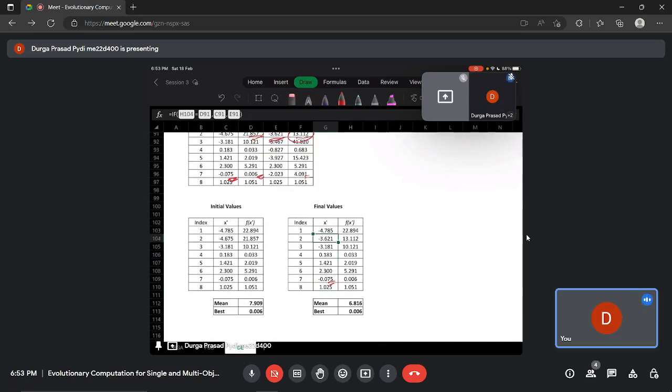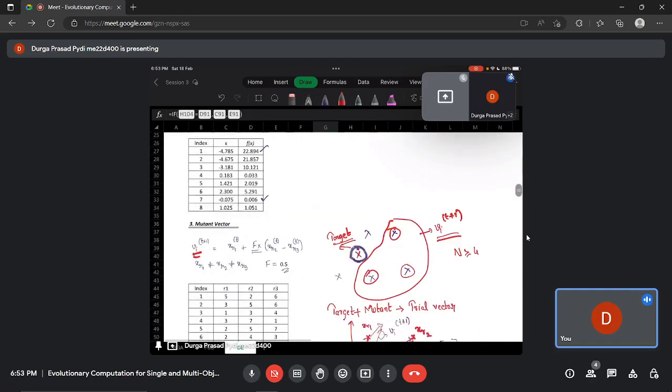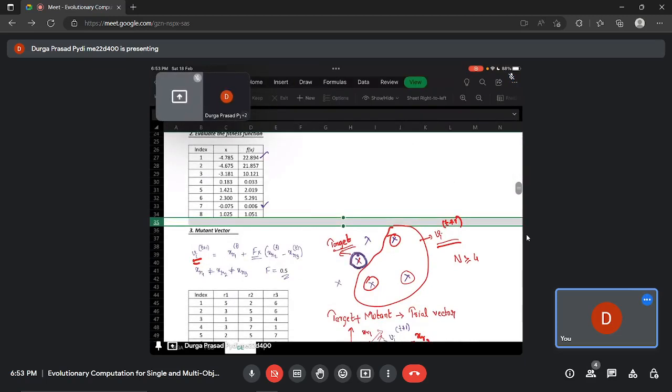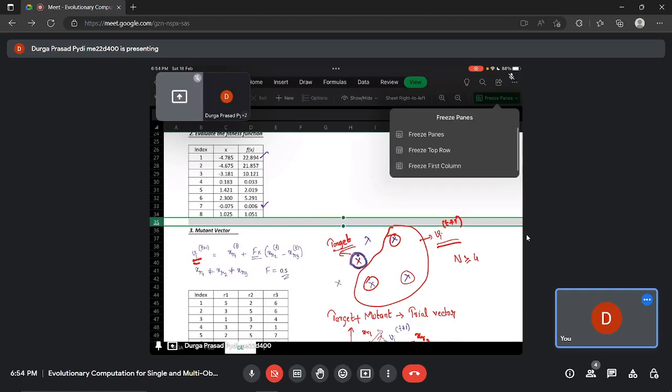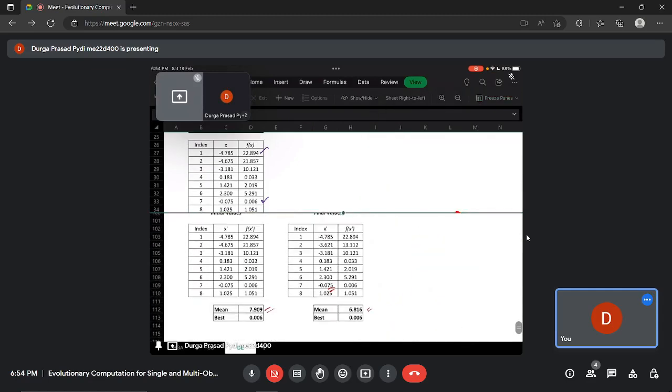You can see I started out with this particular population, and I ended up with this particular one. The mean fitness was around 7.9 and that has reduced to 6.816. We'll see how this reduces as we repeat the same steps again and again. So this is my generation after one iteration.